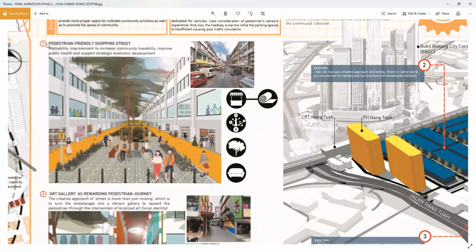So in proposal one, I'm trying to turn it into a pedestrian-friendly shopping street by shifting the parking lane into a car-free zone, which improves the walking safety and comfort for the transit-dependent residents and also enhances the shopping experience.